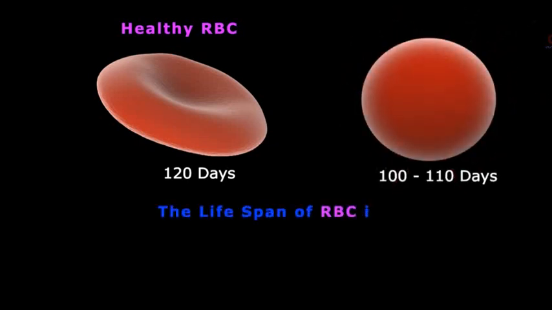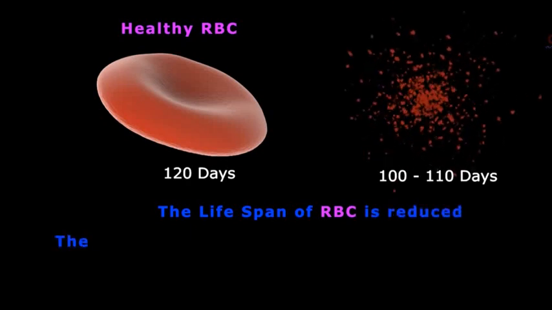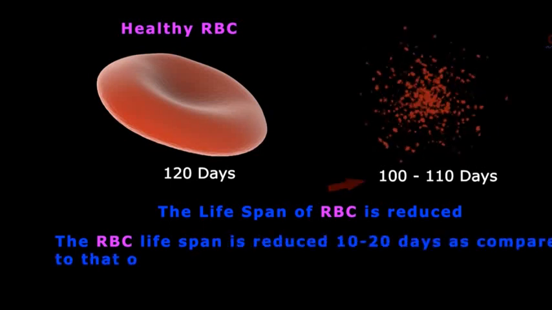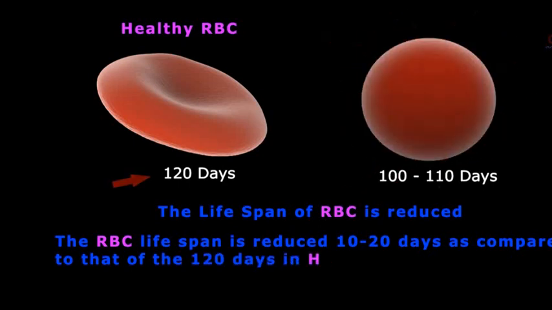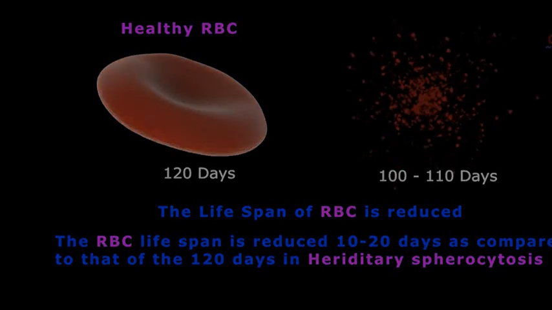So we say the lifespan of RBC is reduced from 120 days to 100 to 110 days. So it is reduced by 10 to 20 days as compared to normal RBCs in hereditary spherocytosis.